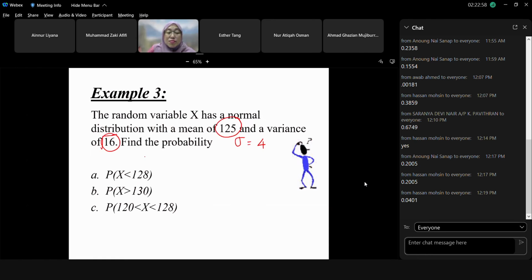Now we need to find the probability of X. Since we are in the X format, we need to convert to Z, and then draw the curve. Then we look at the table and find the probability.